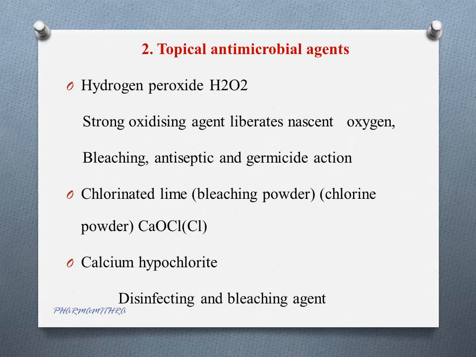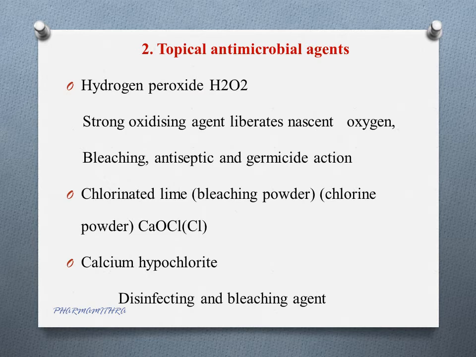Moving into the next category, topical antimicrobial agents. In this category, a number of agents are there. What is important for the exams we are discussing here. First of all, hydrogen peroxide. You may get a number of options for hydrogen peroxide like antimicrobial agent, strong oxidizing agent, bleaching, antiseptic, and germicide action.